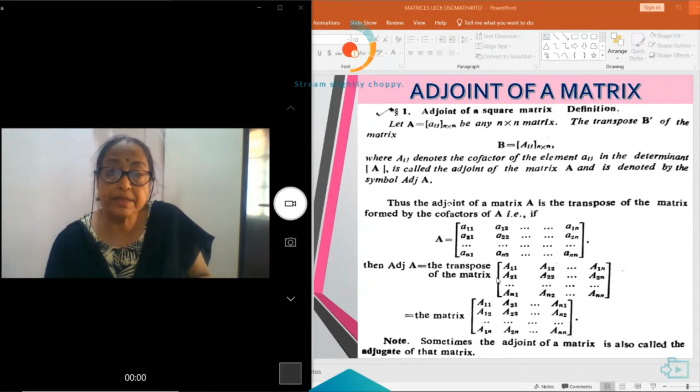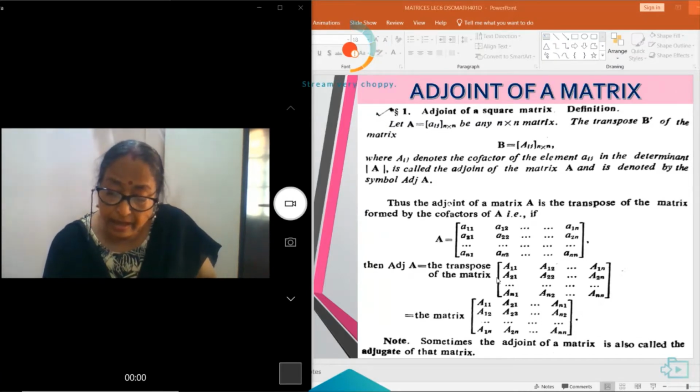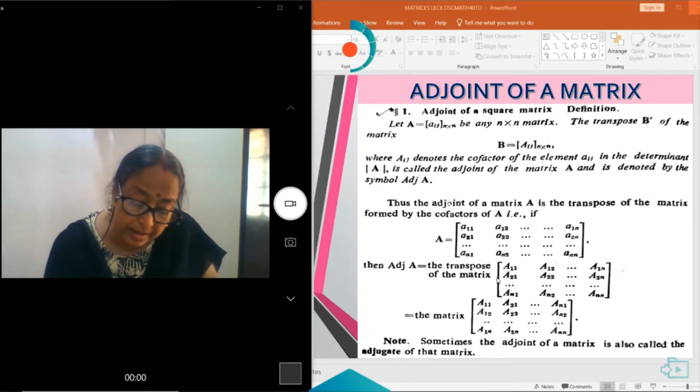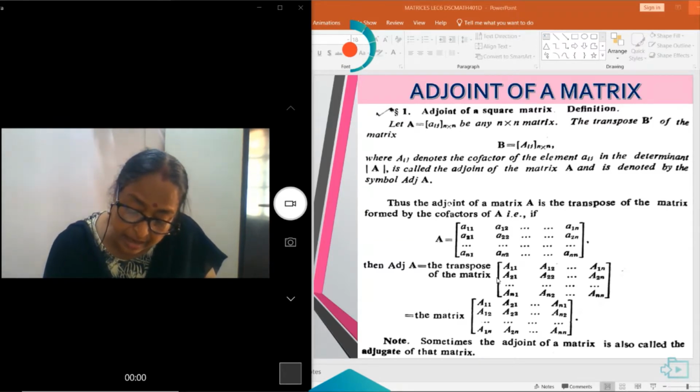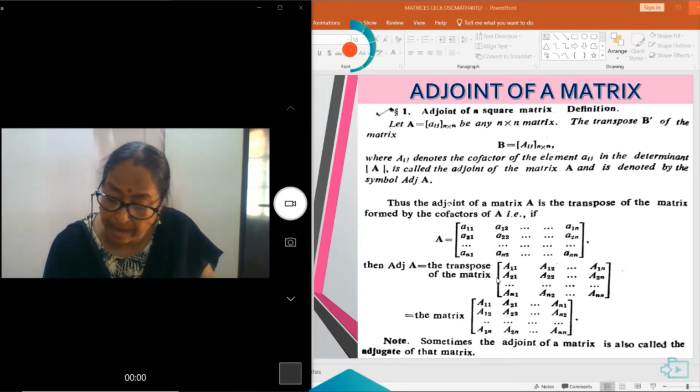Square matrix means the number of rows should be equal to the number of columns. Then we call the matrix a square matrix. Let A = [Aij] be an n cross n matrix, and the transpose B' of the matrix is B = [Aji], an n cross n matrix.